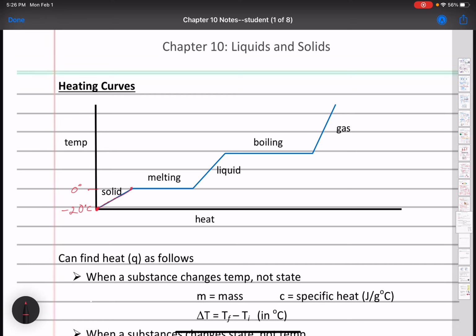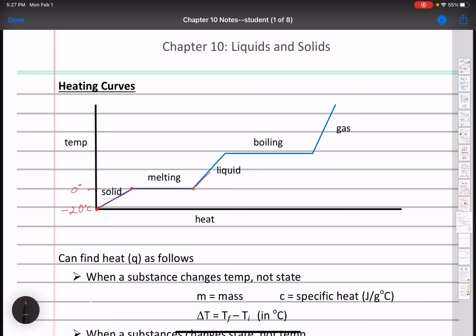But at 0 degrees Celsius, that is the melting point. And so the ice will start melting and turning to water, and it'll stay at 0 degrees Celsius until it's completely melted. It won't be warmer. The water around it could be warmer, but the ice itself will not be warmer than 0 degrees. And then once it's all water, it becomes a liquid.